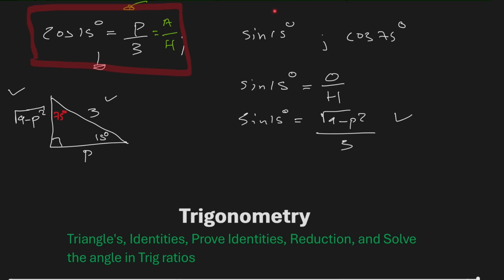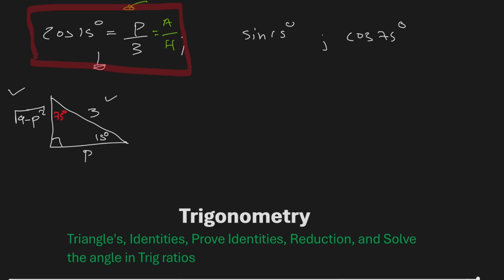After we have done this, we can also answer this question of cos 75. So if you look at cos of 75, the ratio of cos is always adjacent over hypotenuse from SOHCAHTOA. But now, we need to note that the reference angle is now 75 degrees.